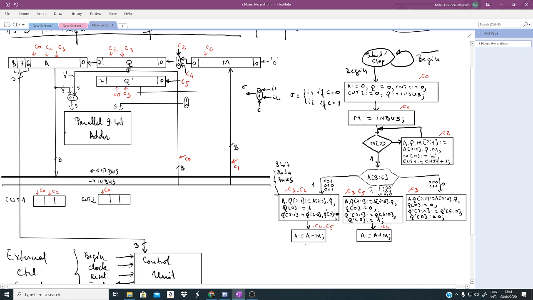So Q prime should be an operand here as well. Like this. These are 9 bits because we also append here a 0 to these 8 bits coming from here.